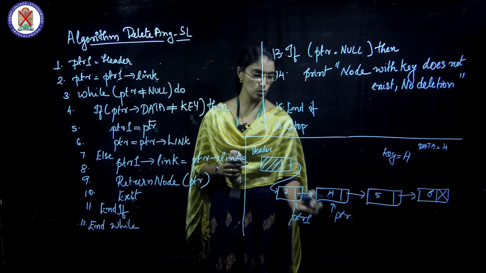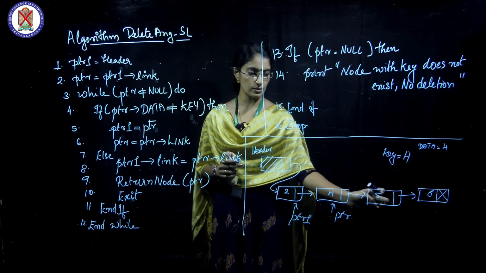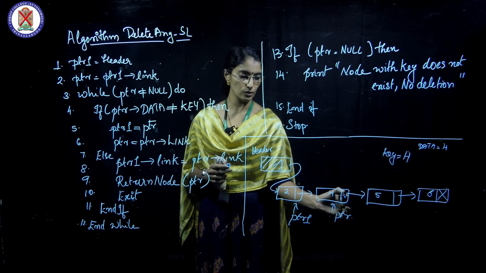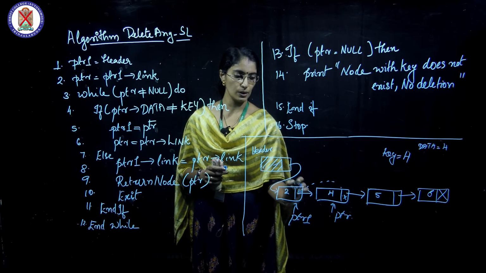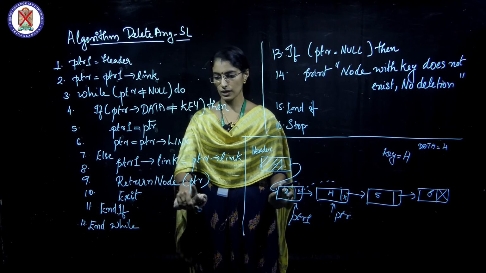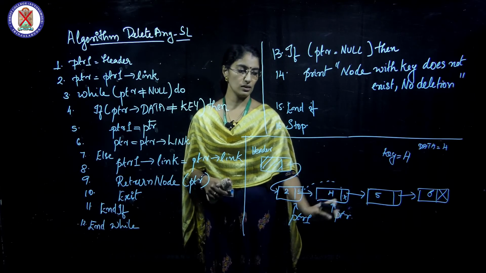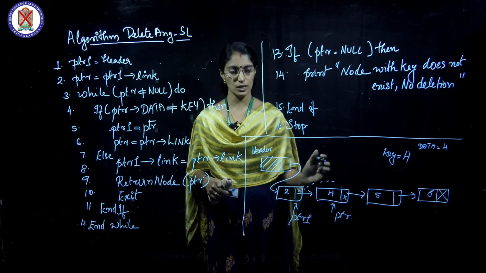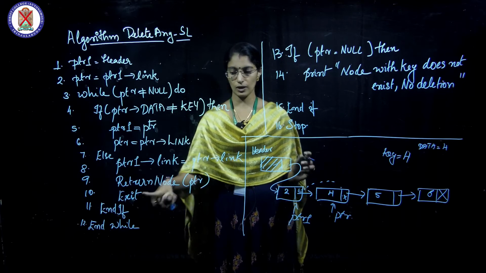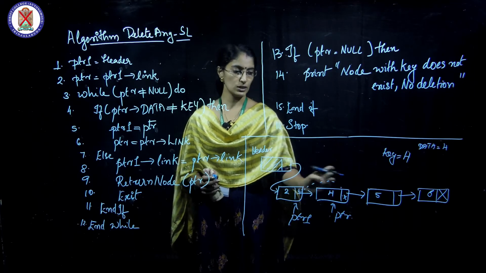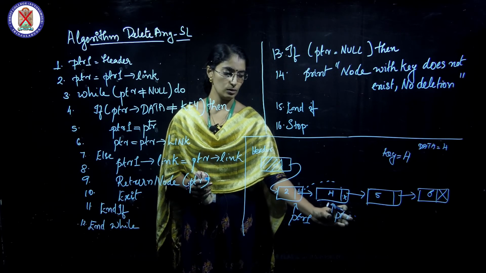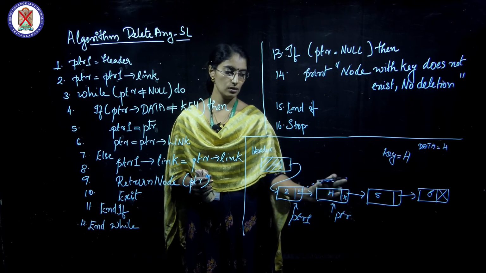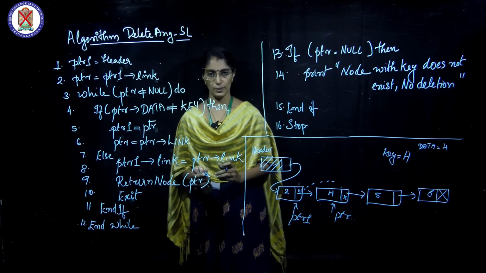If this node is PTR, the successor address is present in the link part of PTR, and that is now given to the link part of PTR1. Then you can safely return the PTR node to the memory bank using the return node algorithm, and you can exit from the program.